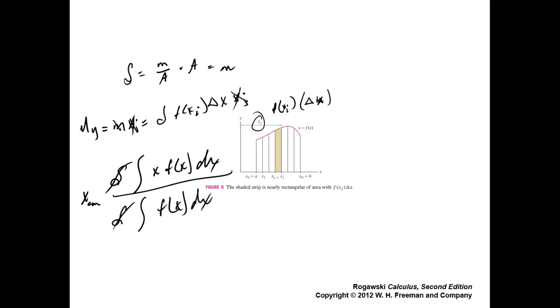So I don't like to mess around and call it m sub y. Just set up your integrals so you have x times your function dx over, and this just stands for the total mass. So that's just the total area times your density, and that gives you your total mass. And then that gives you your x component of the center of mass. But it is m sub y divided by that.